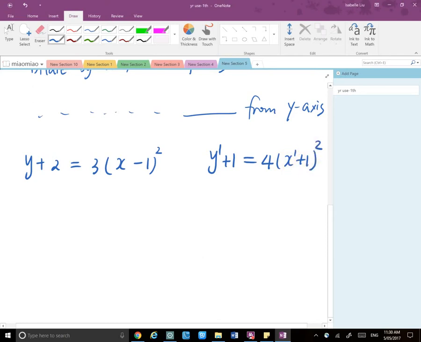I can't divide the 3 or the 4 to that side, because even though it's not part of my model, if I divide, there must be dilation for the y side. It doesn't matter which one you divide.